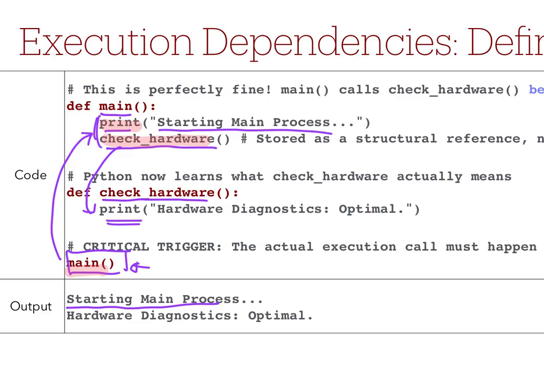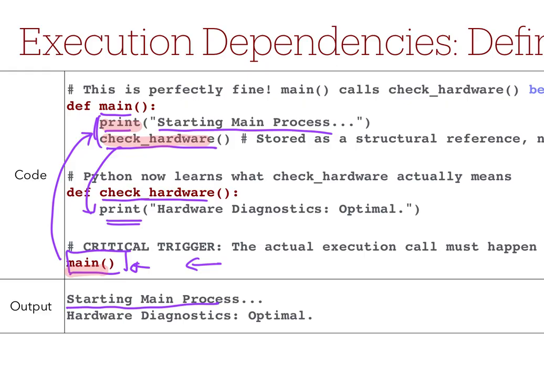And then if you go inside of the main function, so when you call the main function, you will go inside the main function and execute line by line. When you actually execute those lines, at that point, the functions executed inside the main function must be defined before they are called. But when I call this function, those two functions, main and check hardware, are already defined.